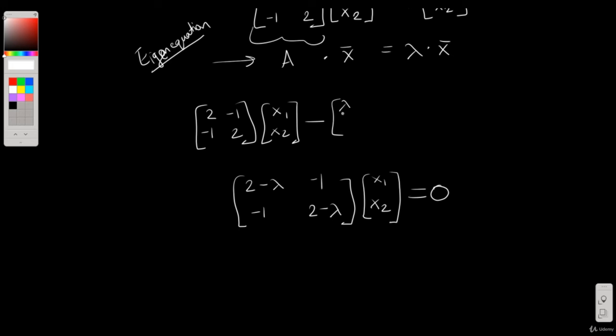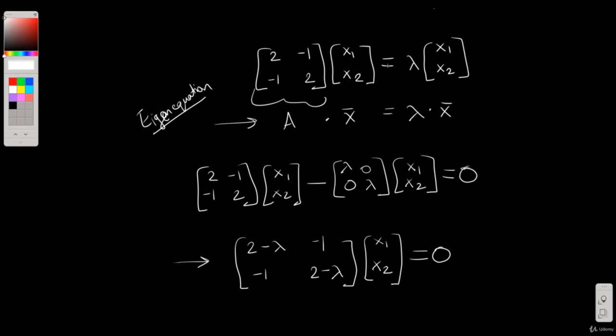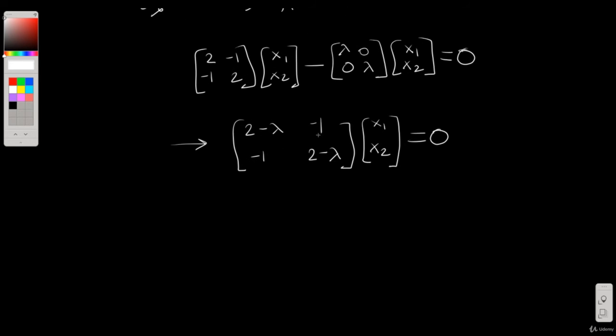This would actually be equal to lambda, lambda, 0, 0, times x1, x2. That's the only way this can work out. And so when I subtract this matrix from this one, I'm left with this equation down here. Thus far, I haven't really changed anything. What I have written up here is identical to what I have written down here.